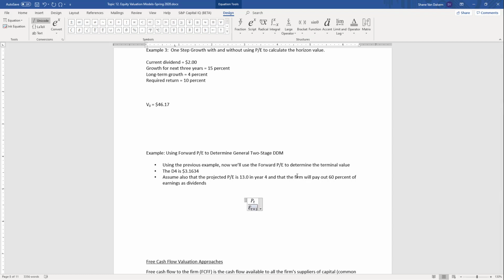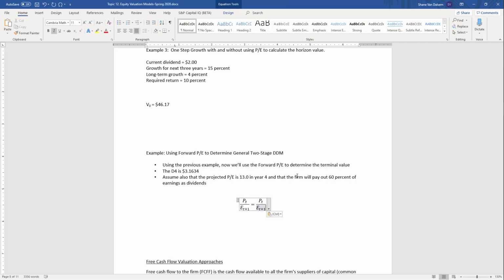So this is a forward PE ratio. So this is equal to the price at time 3 divided by the earnings at time 4, because again it's a forward PE ratio. And so that's what we're looking for, and that's equal to 13.0. Okay. So it's the projected PE.